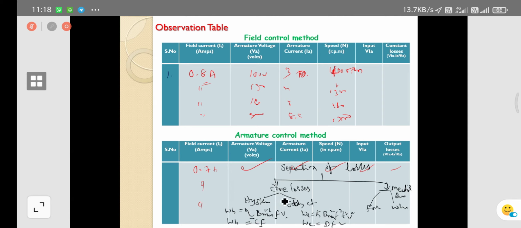Finally the iron losses, the core losses, are represented by Wi, which is the hysteresis plus eddy current losses, equal to CF plus DF square.